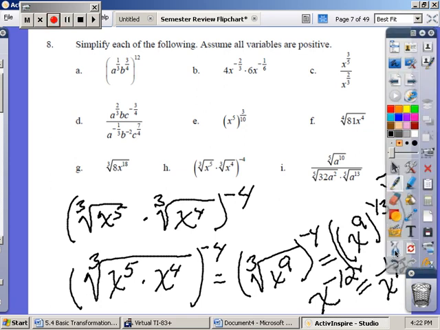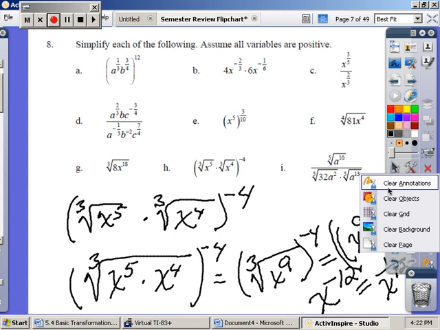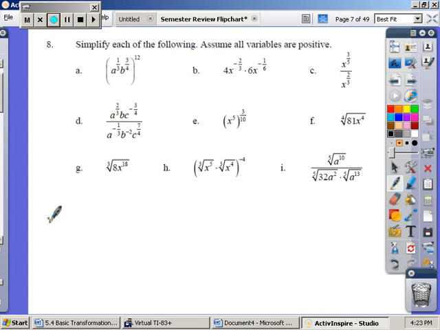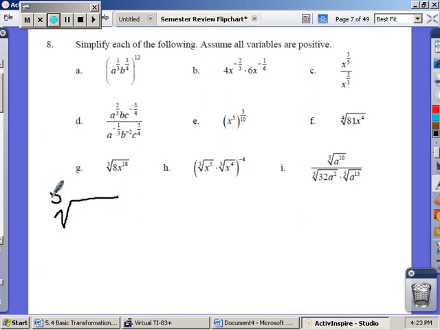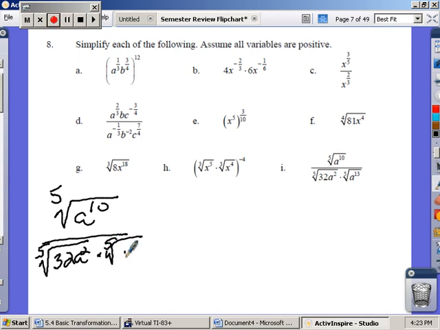Letter I. The fifth root of a to the 10th over the fifth root of 32a squared times the fifth root of a to the 13th.